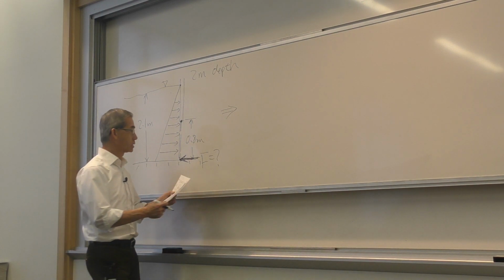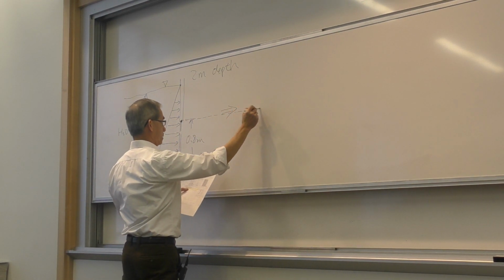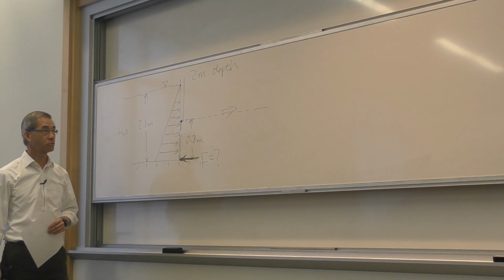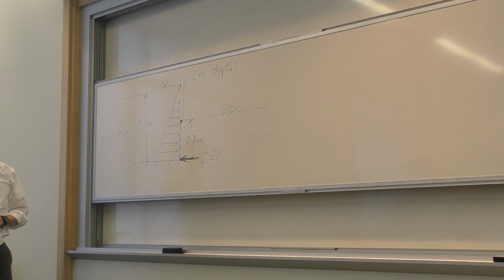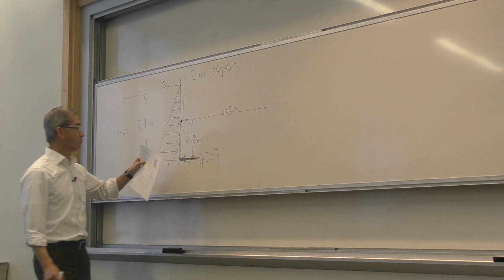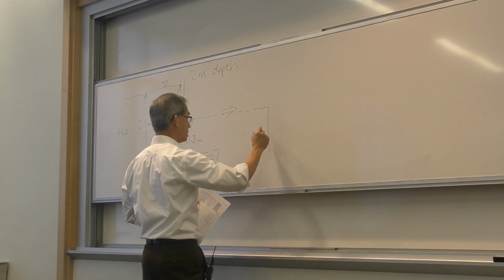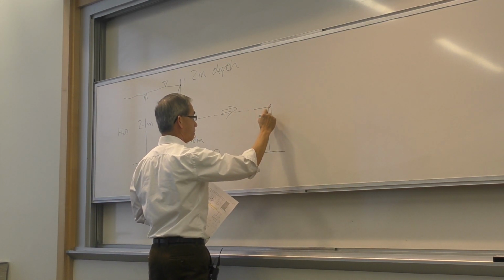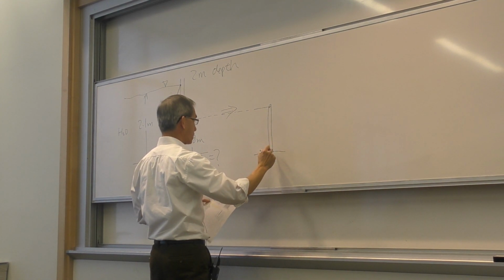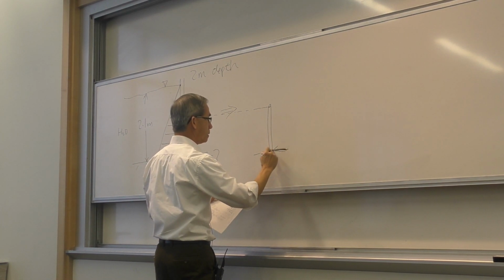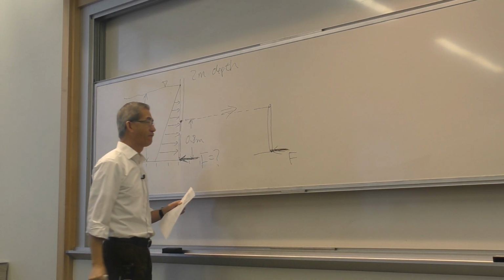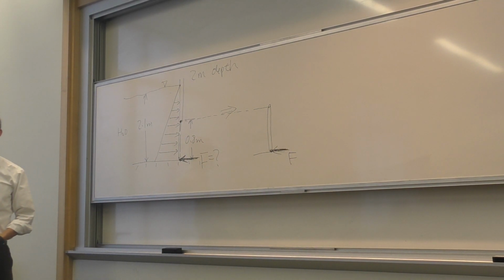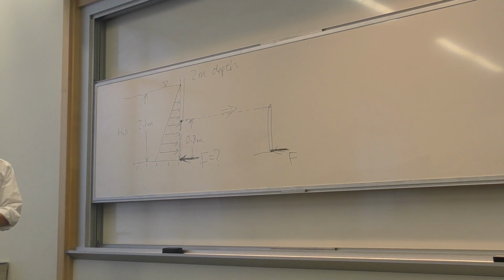And what I would like to propose is that I use superposition, or loosely called divide and conquer, one piece at a time. I'm going to ask myself, for this 0.8 meter depth that is of interest to me for getting the force F, what will that pressure distribution look like? Trapezoid, very good.